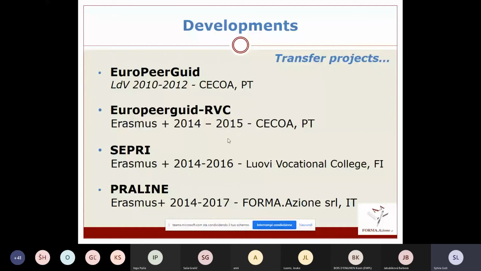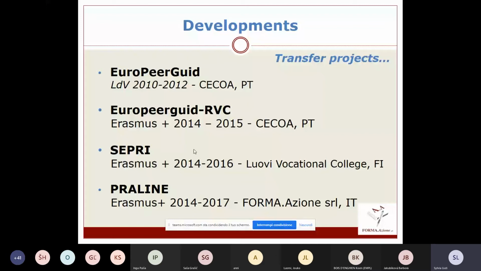And then there was one more separate, related to how to apply peer review to evaluate international activities, and so mobilities or exchange of students or peer learning activities at transnational level.